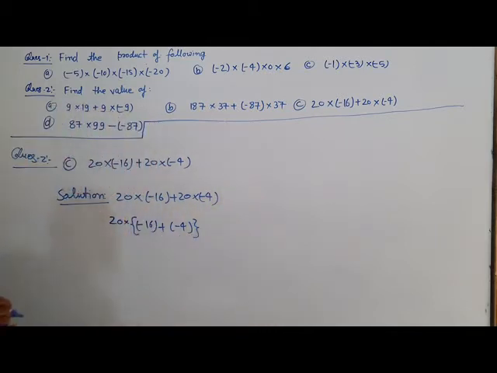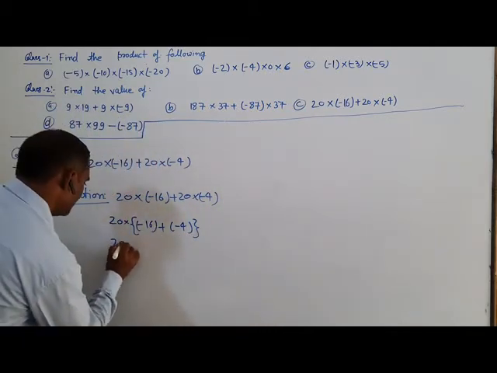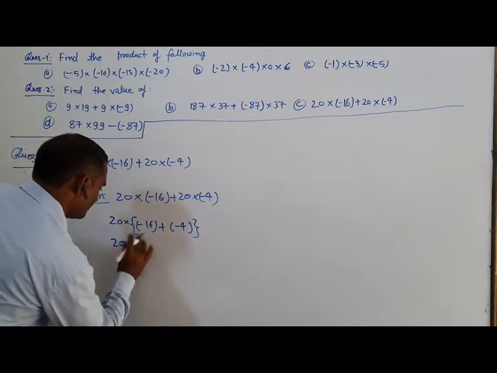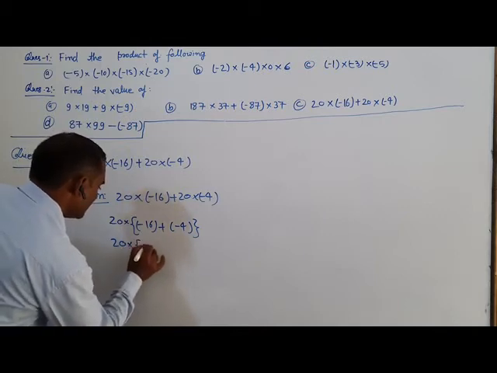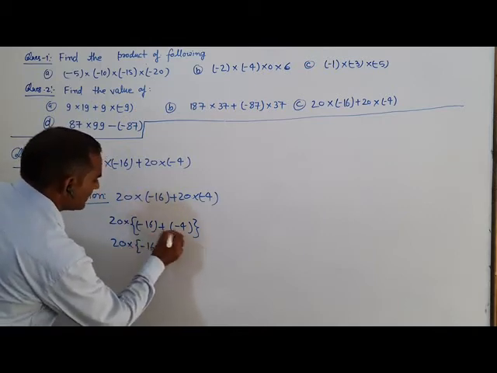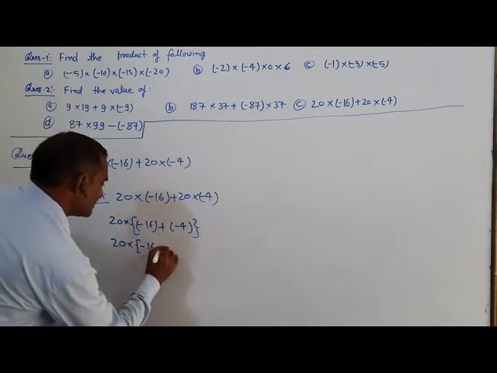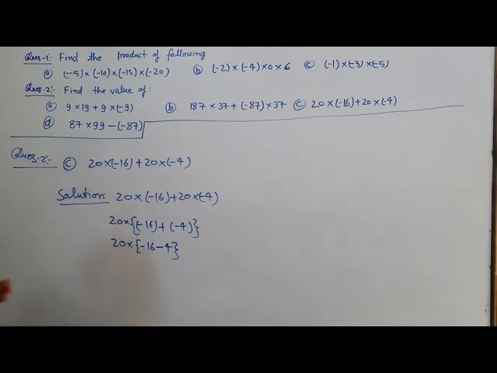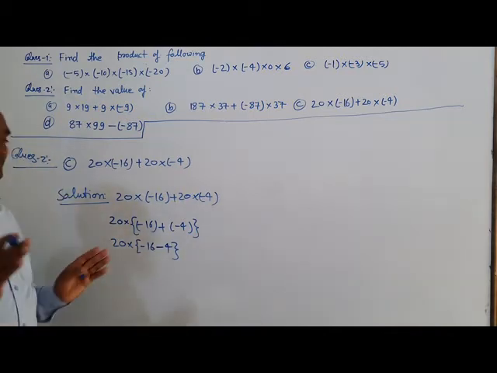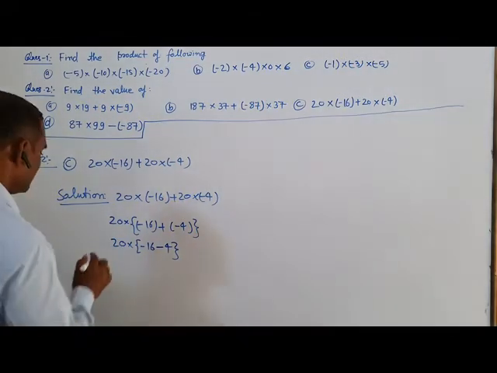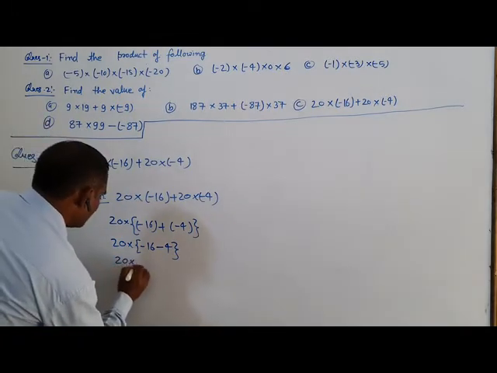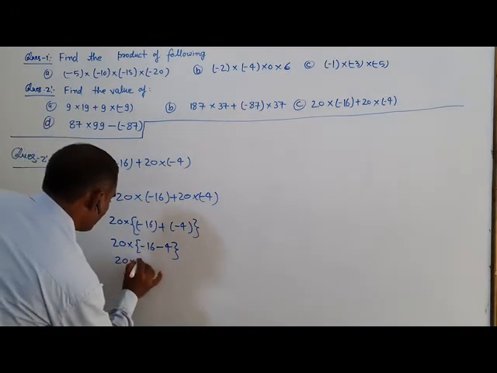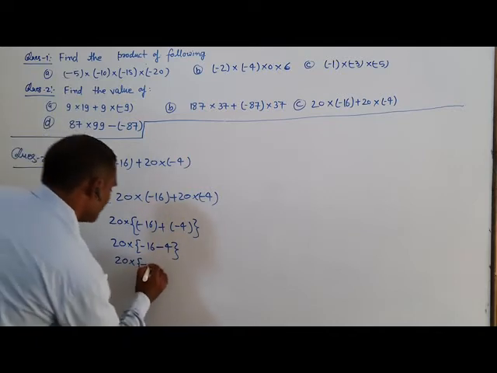Now solve. 20 into minus 16 plus, when you open the bracket, minus 4. When we add integers with the same sign, we write the same sign. So 20 into minus, add both, 20.